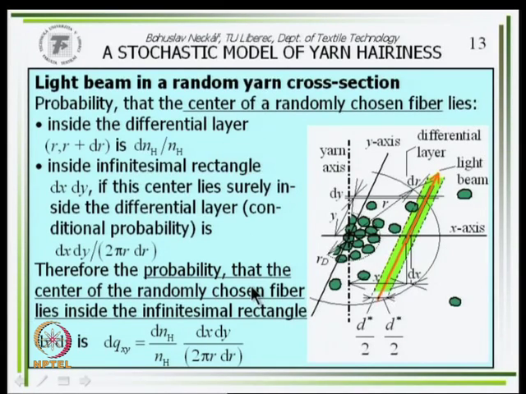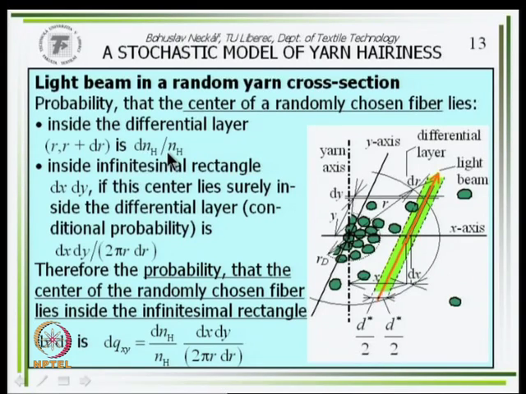The number of protruding fibers which are here is dnh. All fibers which are lying in the hairiness sphere are nh. So the probability that a randomly chosen fiber from the hairiness sphere is lying in our differential annulus must be dnh by nh. Okay? Is it well? Yeah?